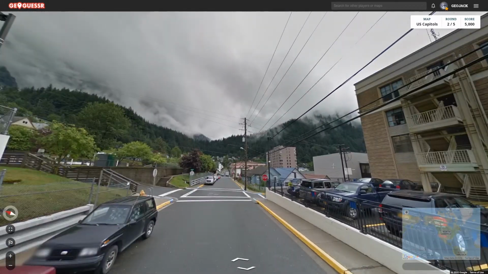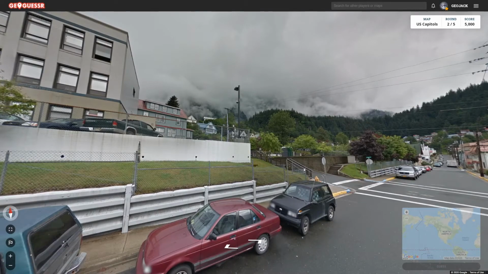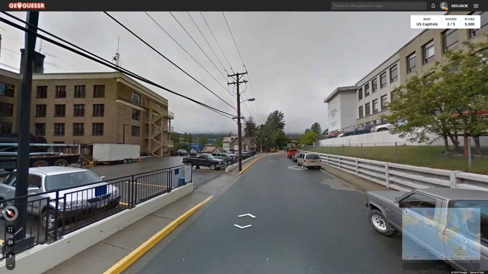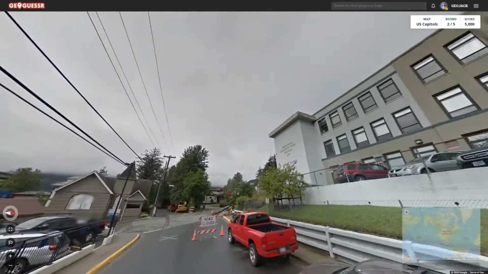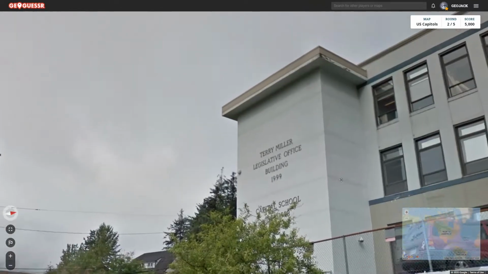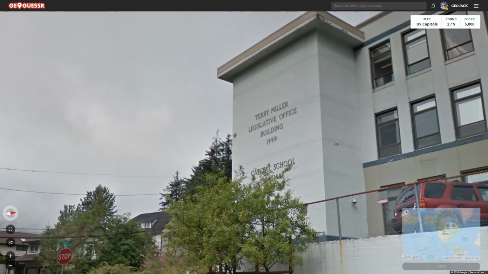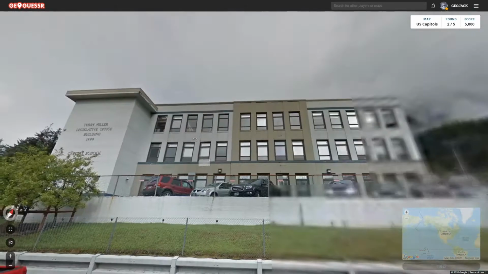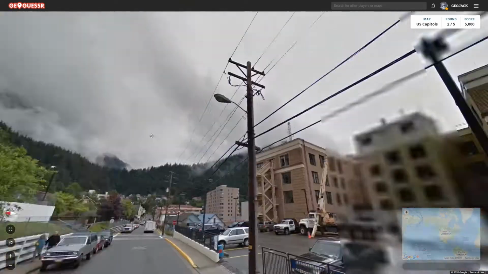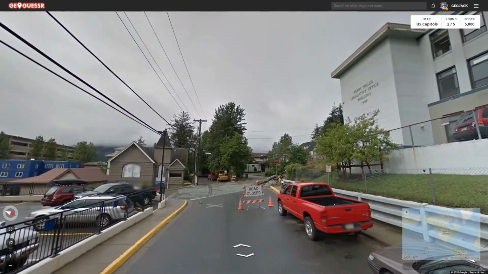Okay, we're looking northern again, but probably western. It looks wet. Terry Miller Legislative Office Building, 99. I'll tell you what, this could be Alaska.